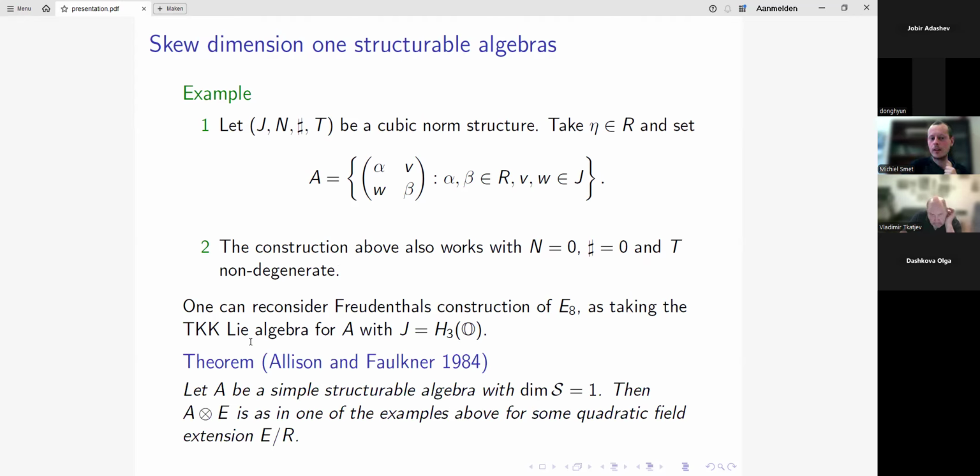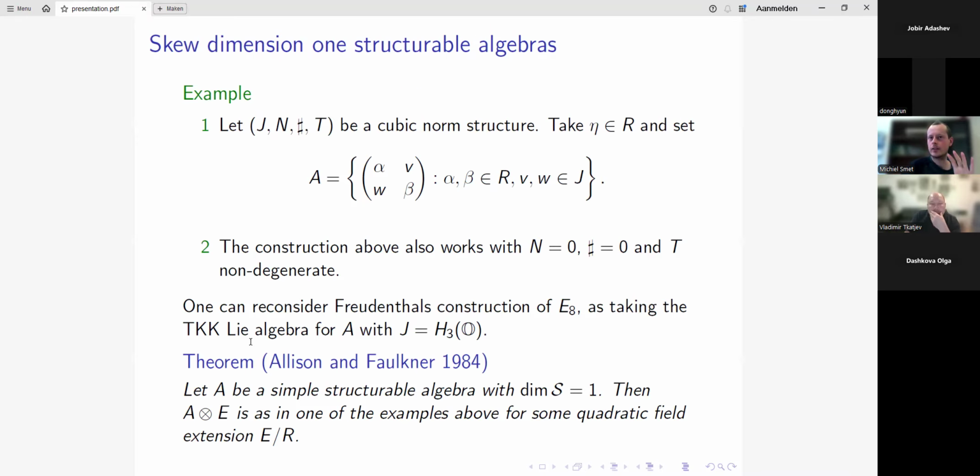One theorem about skew dimension one structurable algebras that says that they are somewhat understood is that if you have a skew dimension one structurable algebra, you can take a quadratic field extension such that A tensor this quadratic field extension will be of either the first form, so you can construct it from a cubic norm structure, or of the second form, you can construct it from a certain degenerate cubic norm structure with n equals 0.